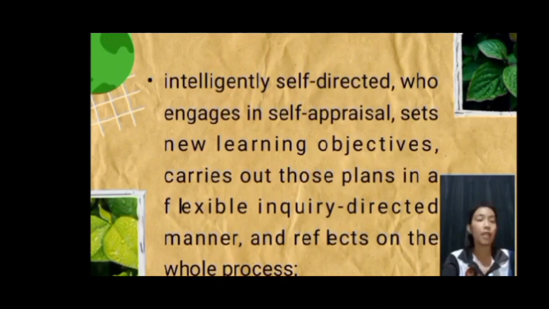The connection lies in aligning self-directed learning behavior with a broader understanding and consideration of ecological principles, leading to a more informed and responsible approach to environmental issues. That is more about being intelligently self-directed.